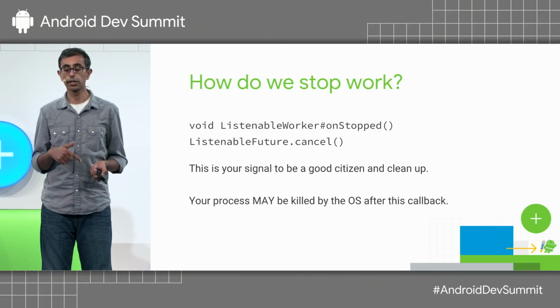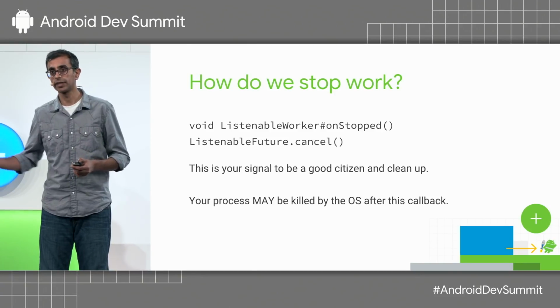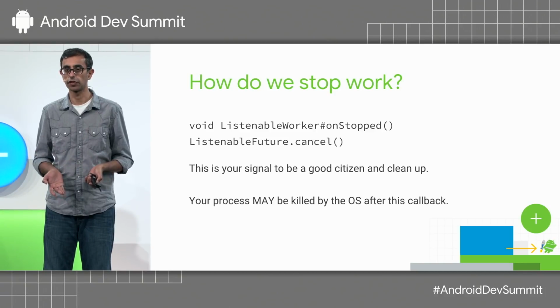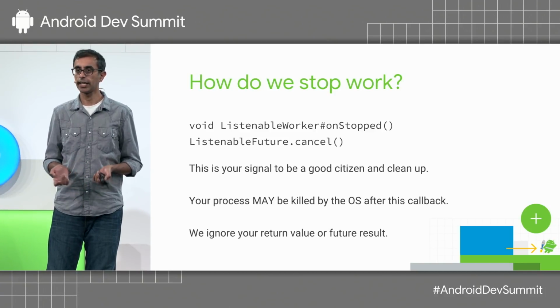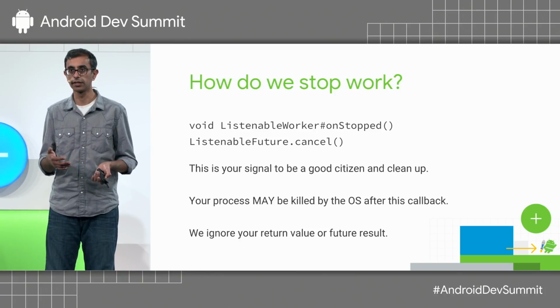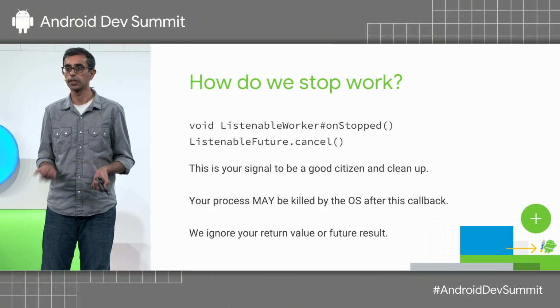Because after this is called, the process may be killed by the OS. So if the OS woke up your app's process just to run this work, it could actually kill it when it decides that the work should stop. And if you happen to return something after this signal, say you returned a success, we ignore it, because as far as we're concerned, your work has been stopped.